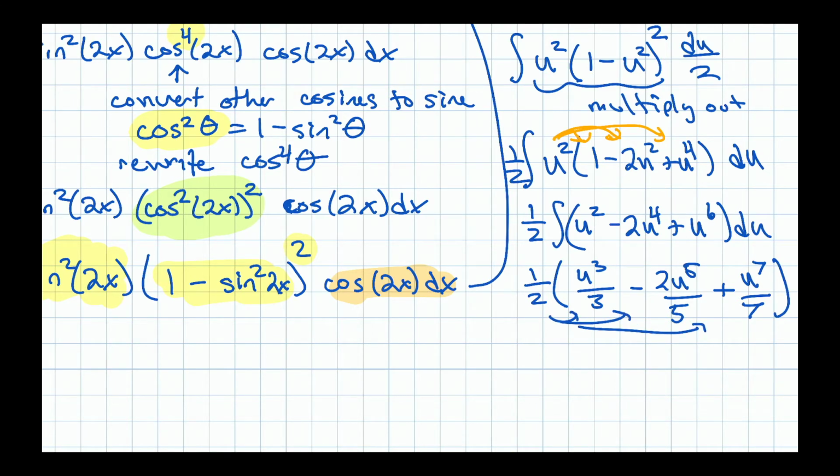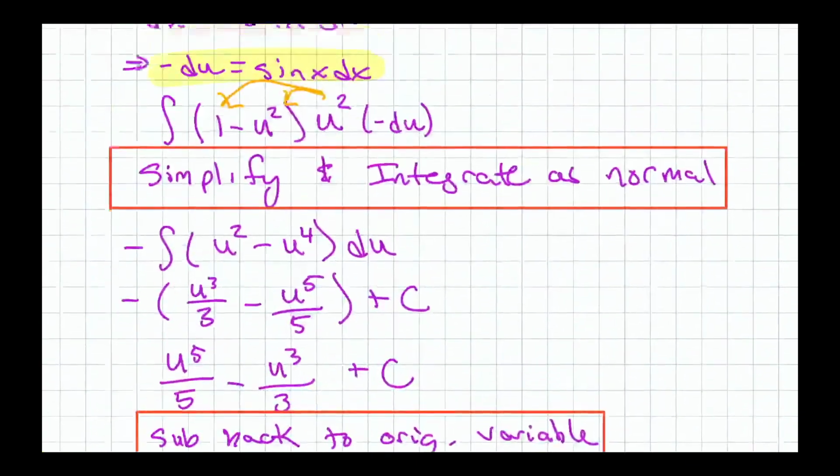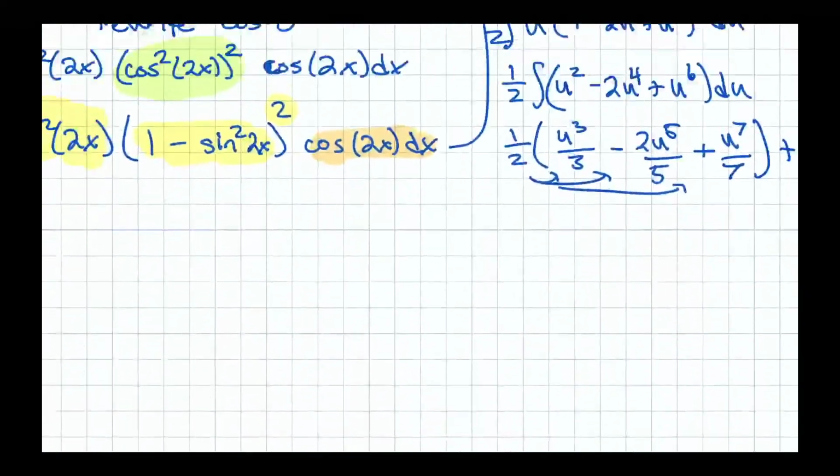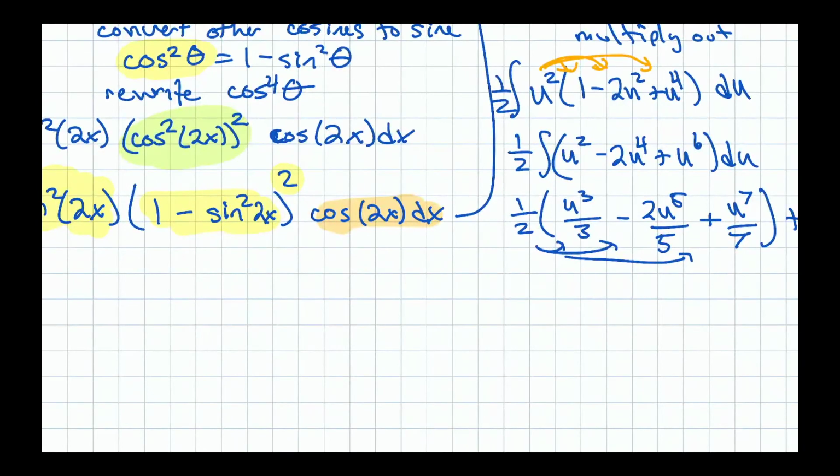So what's u, first of all? u is sine 2x. If I'm going to rewrite this, I'm going to have sine to the 3, 2x, and 2 times 3 is a 6 in the denominator. And then I'm going to have minus 2 sine cubed. It's not cubed, it's fifth, isn't it? 2 sine to the 5th 2x.